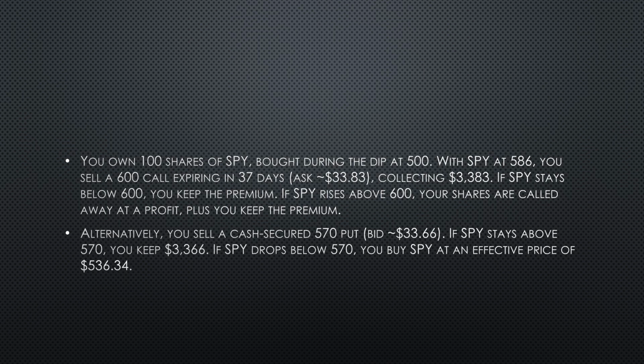Alternatively, you sell a cash-secured put at 570, at the time the bid was 33.66. If the SPY stays above 570, you keep $3,366. If the SPY drops below 570, you buy SPY at an effective price of $536.34.